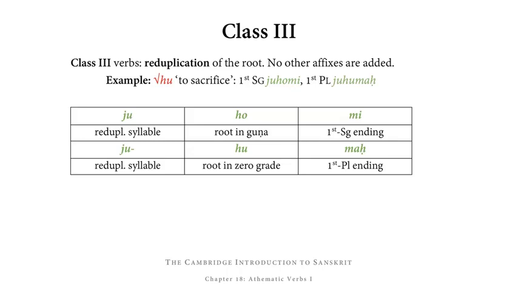These 2 forms consist of ju, which is the reduplicative syllable, which, as I said, we're going to look at in just a second, then ho and hu, which is the root in guna and in zero grade respectively, and the endings mi for the first singular and maḥ for the first plural.